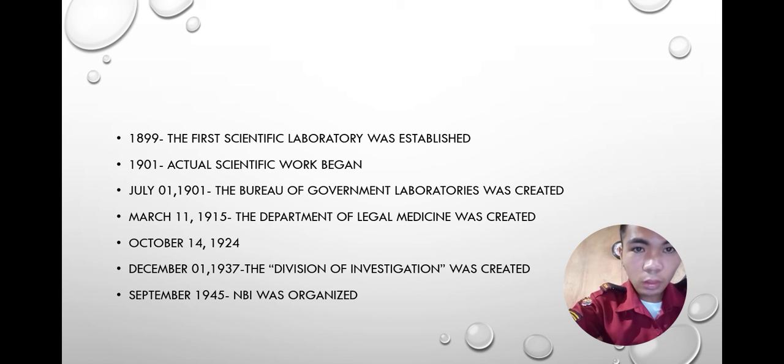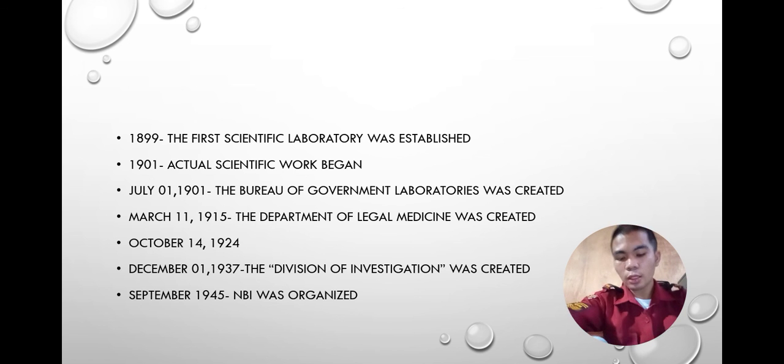Then December 1, 1937, the Division of Investigation was created under Commonwealth Act Number 181 with 2 medical legal officers and a chemist. The medical legal section of the Division of Investigation started the definite movement towards the creation of a scientific crime detection laboratory.